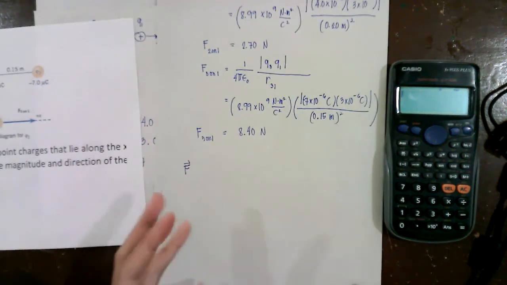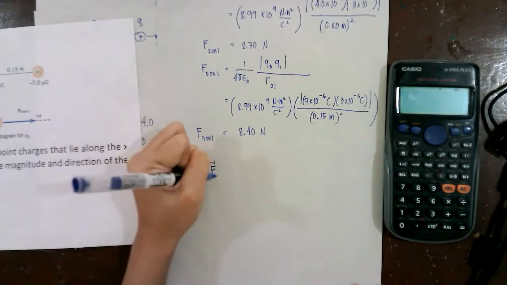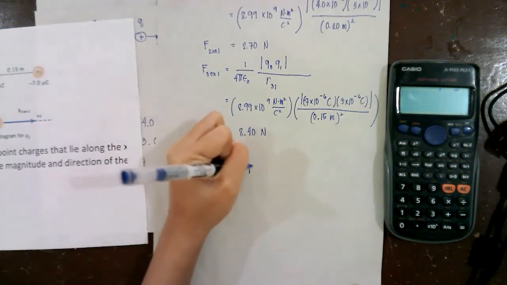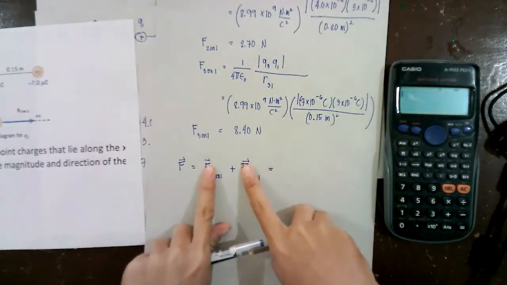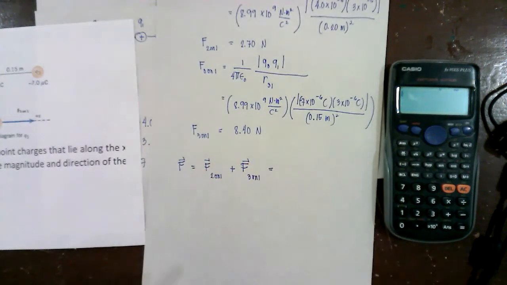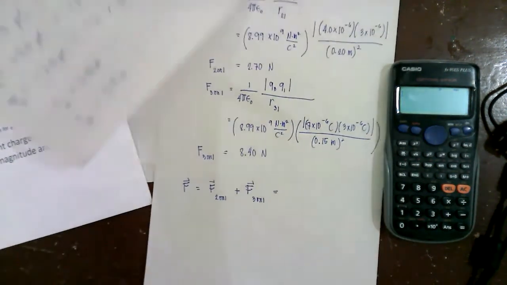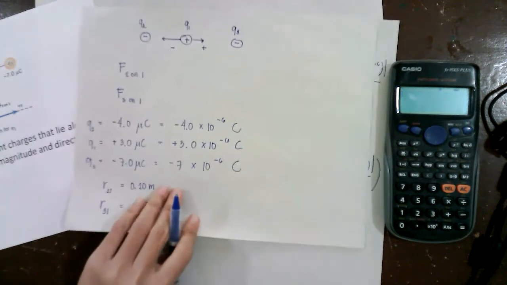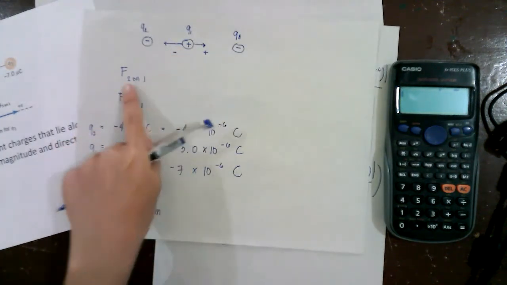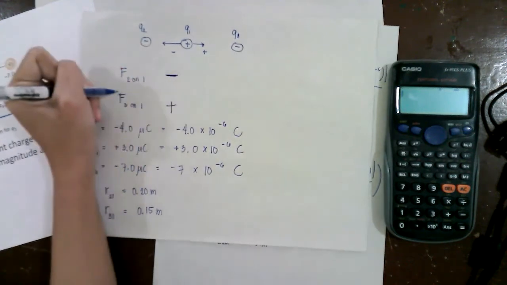The net electrostatic force is equal to your force 2 on 1 plus your force 3 on 1. You can observe here, meron na tayong arrow sa taas, so we are going to consider now your sign. Kanina, we determined the sign of F2 on 1 and F3 on 1. Your F2 on 1 is negative, and your F3 on 1 is positive. Ito yung direction ng forces natin.